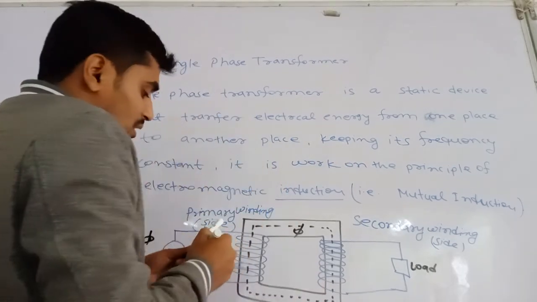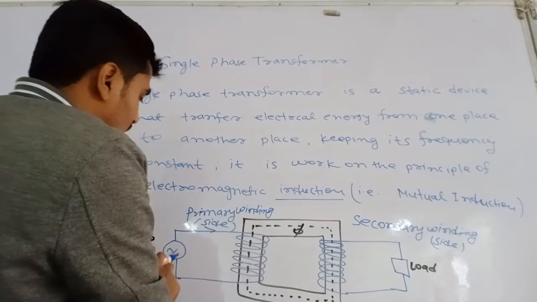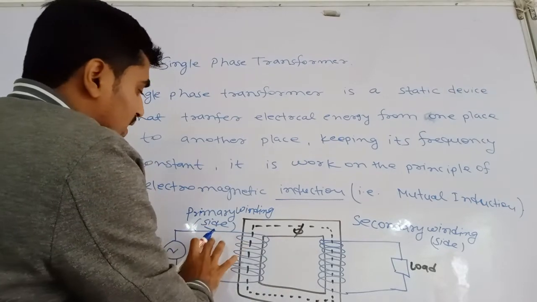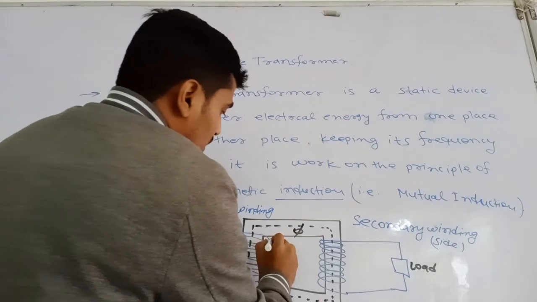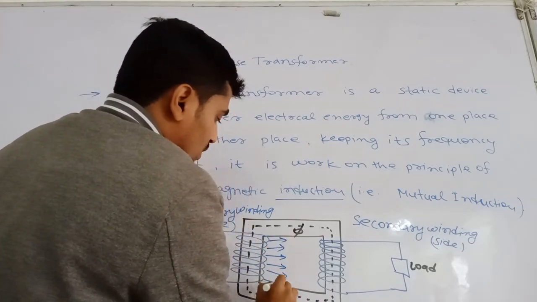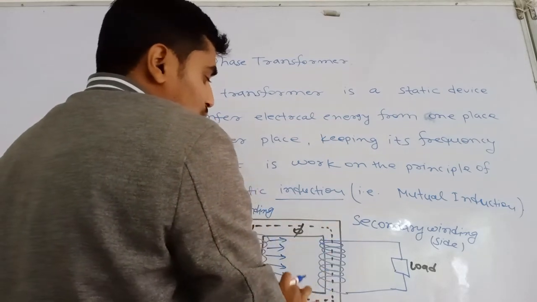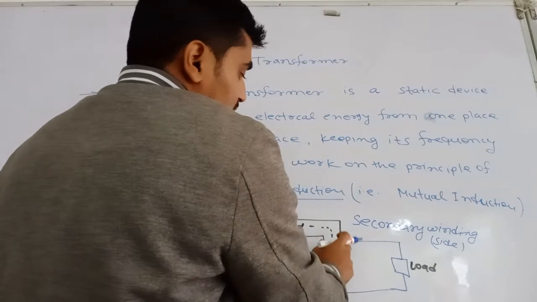In this transformer, the main thing is that whenever the primary winding is supplied, the flux will spread out among the core, and this flux will also circulate through the secondary winding.